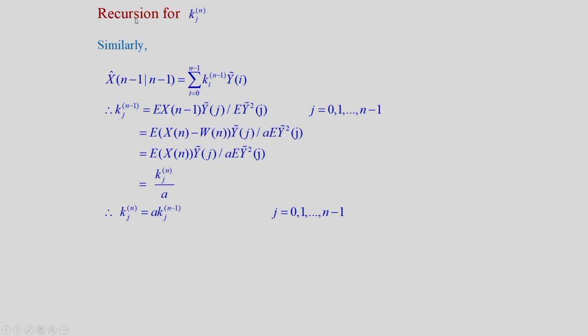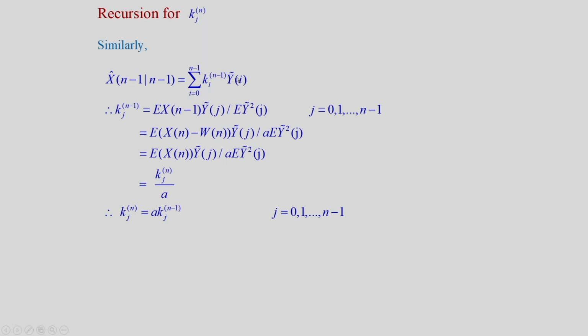So, now let us see how to get the recursive relation for the Kalman gain kj n. First write x hat at n minus 1 given data up to n minus 1 as summation ki n minus 1 y tilde i, i going from 0 to n minus 1.